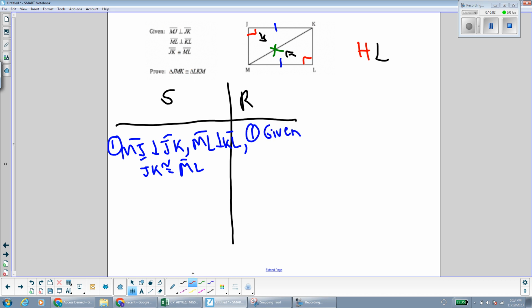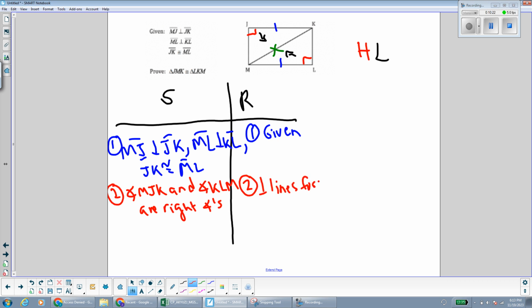Now I'm going to start off with the conclusions I drew from the givens. So I drew the conclusion that angle MJK and angle KLM are right angles. And we knew that because perpendicular lines form right angles.